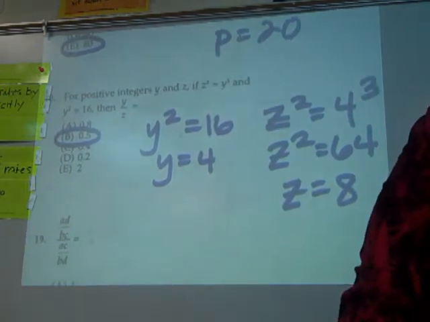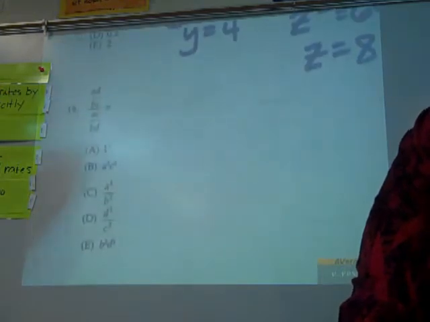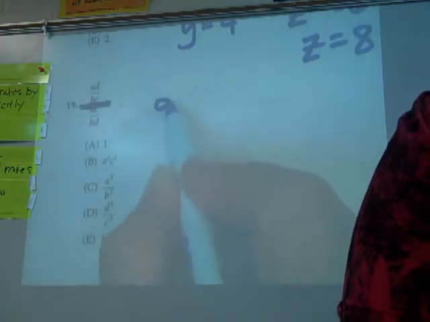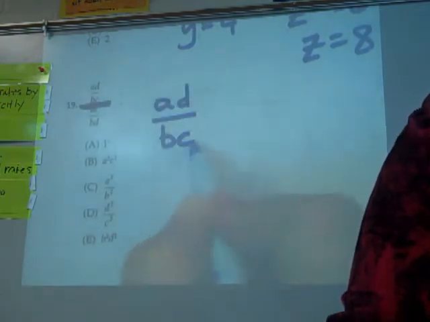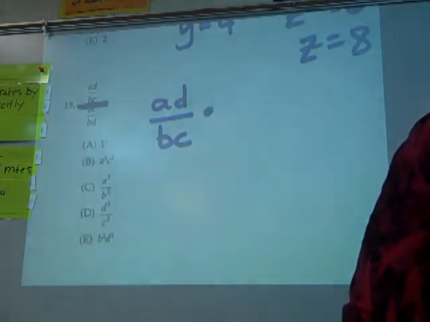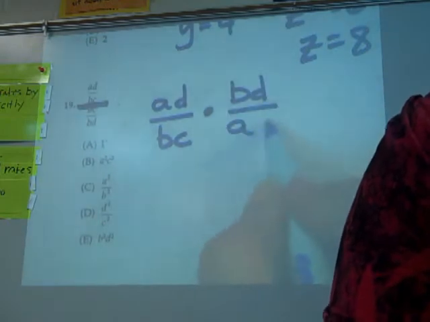And then the last one, this is really more about fractions than it is about decimals. But remember, when you're dividing two fractions, it's keep it, so keep the top fraction, AD over BC, change it to multiplication, flip it, BD over AC.